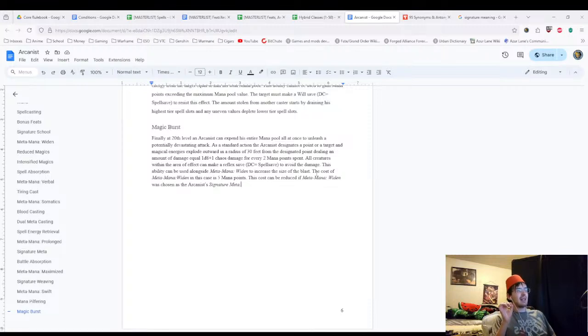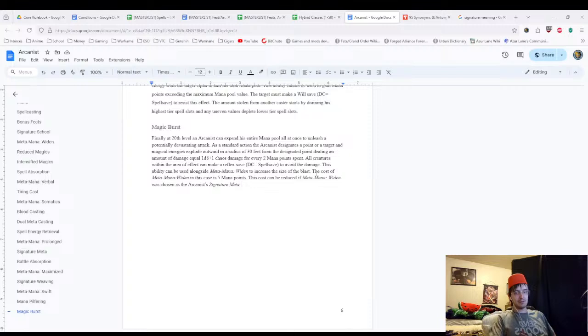All creatures within the area of effect can make a reflex save, the DC of which is the Arcanist spell save, to avoid the damage. This ability can be used alongside Meta Mana Widen to increase the size of the blast. The cost of Meta Mana Widen in this case is 5 mana points. The cost can be reduced if Meta Mana Widen was chosen as the Arcanist's signature meta.